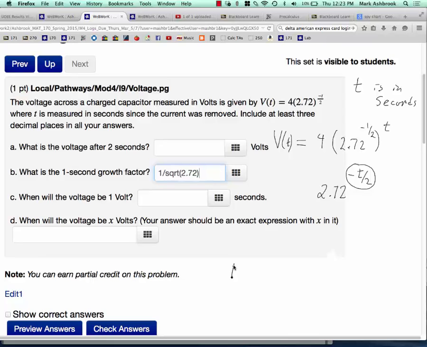Output. So we're going to get 1 equals 4 times 2.72 to the negative 1/2 to the t. I want you to practice solving it the way that I've shown in 2 examples and we did one last time. See if you can solve for t without taking the log of both sides.